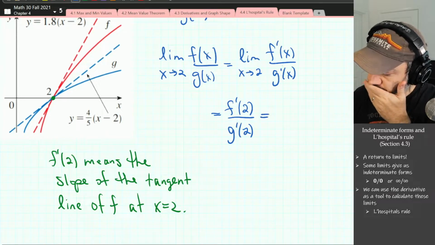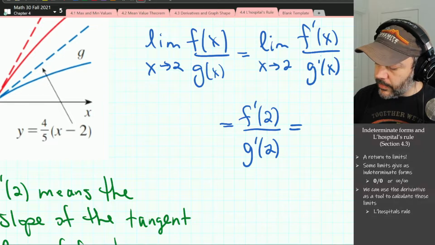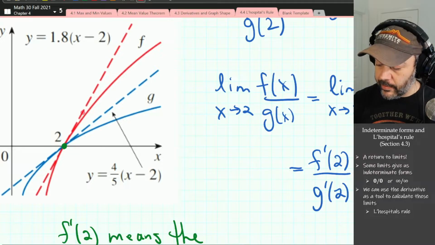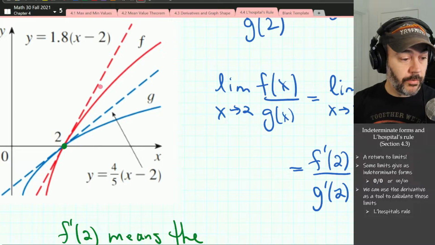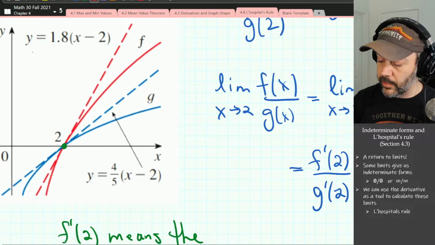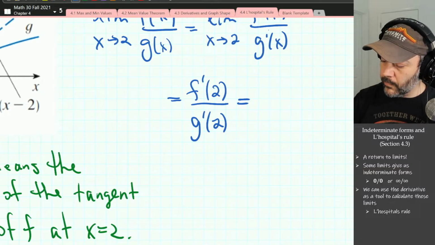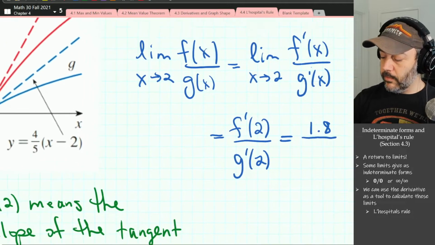So this numerator here is the slope of f at 2, which is the red tangent line of f at 2. And the slope of that is found right up here because this is the equation of that tangent line. And the slope is 1.8. So f prime at 2 is 1.8.